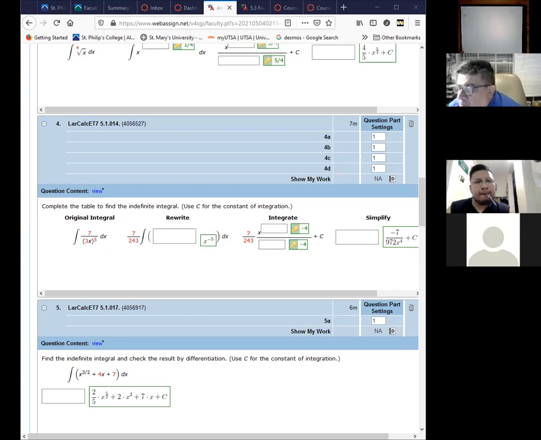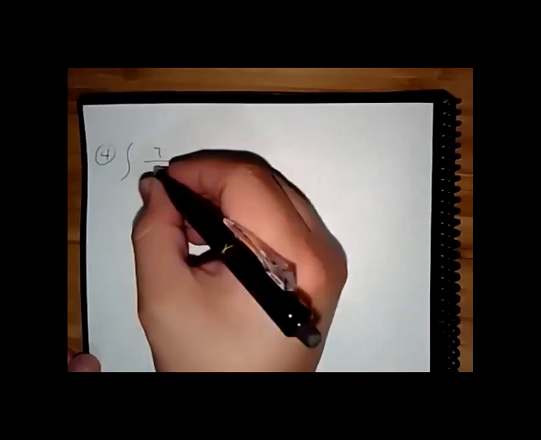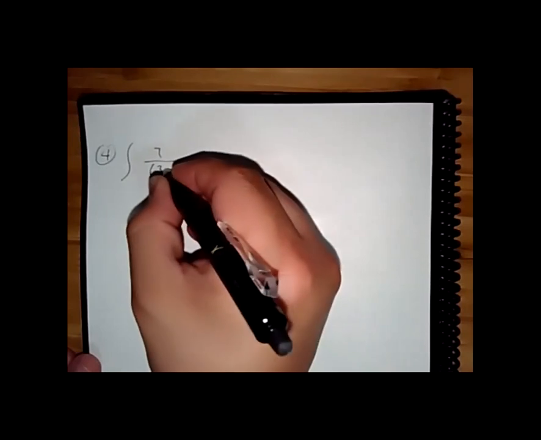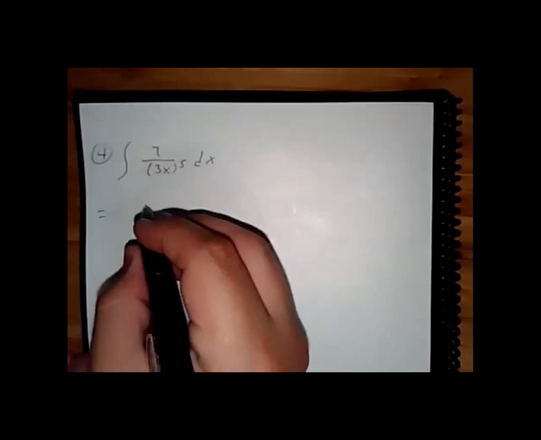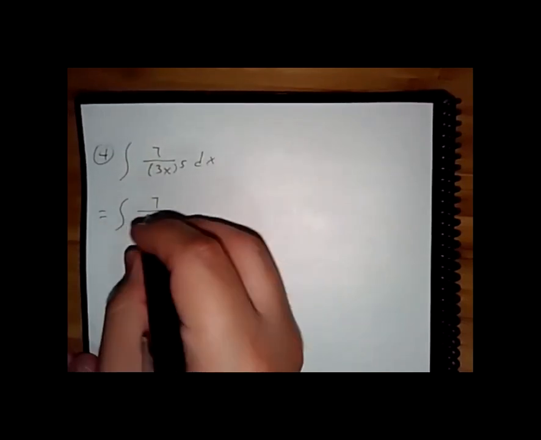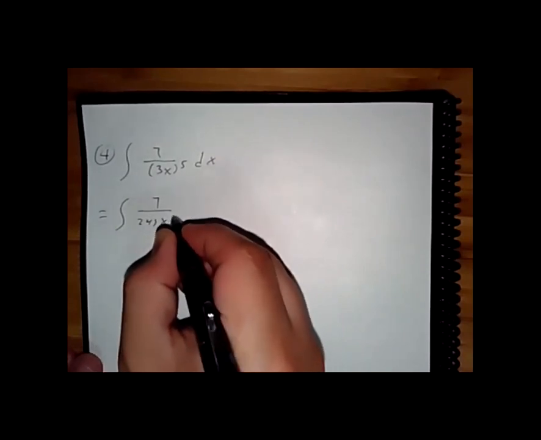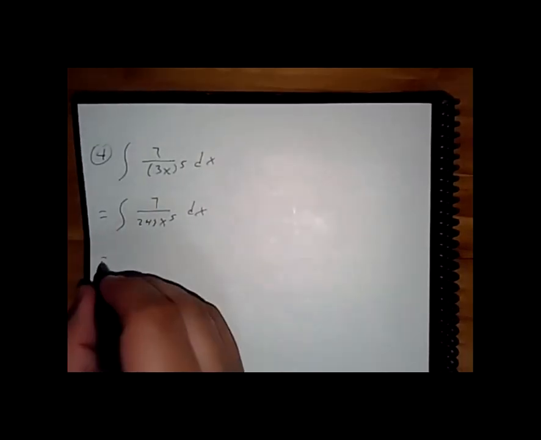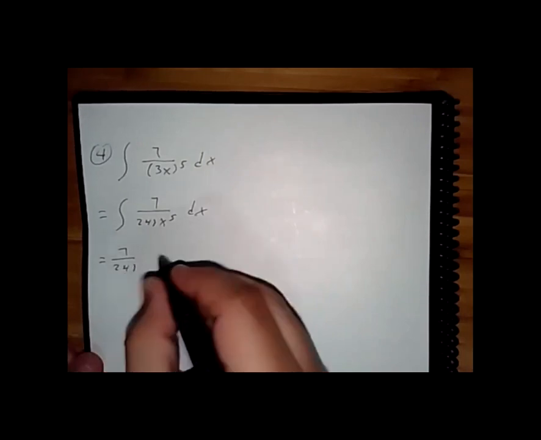Let's see here. So it's the integral of 7 over 3x to the 5th dx. So the first step is apply that 5 on each part. So that'll be 243 x to the 5th. After that, you pull out that number, 7 over 243.